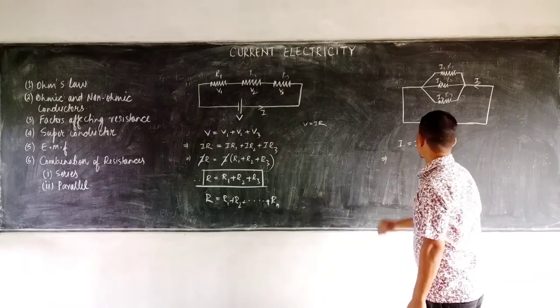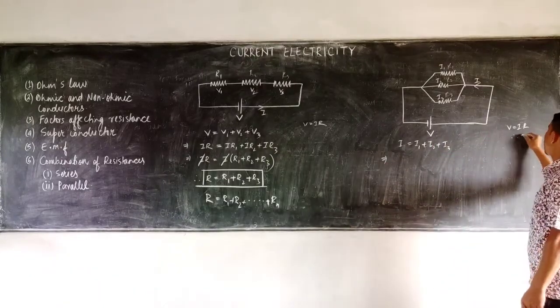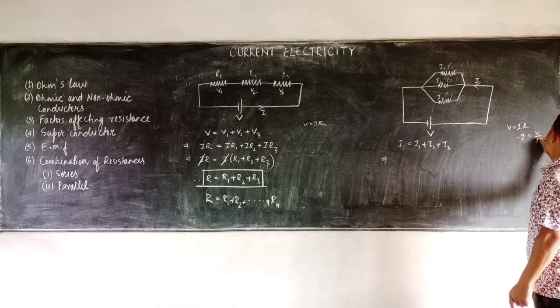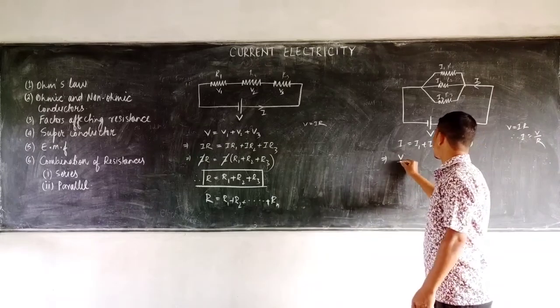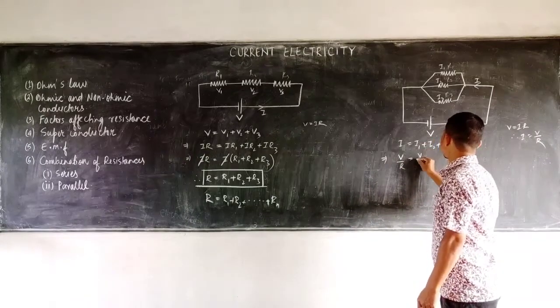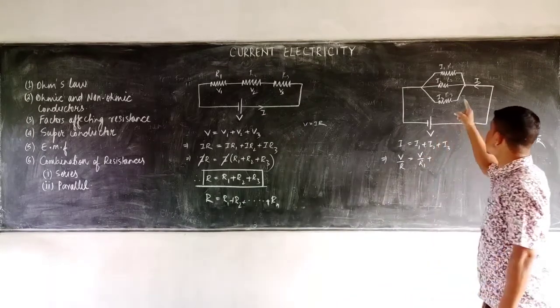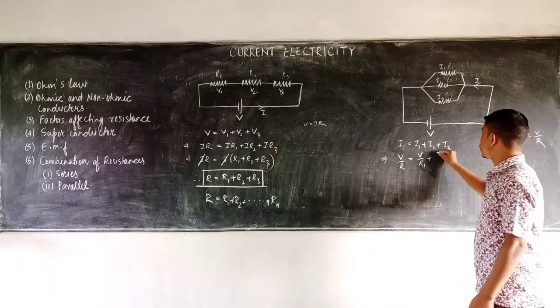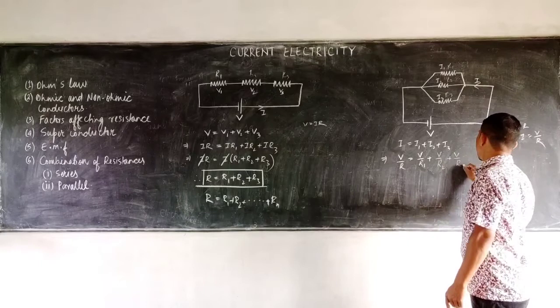Now again, from Ohm's law we have V equals I into R. Therefore, I will be equal to V divided by R. Substituting that value, I will get I equal to V divided by R1 plus V divided by R2 plus V divided by R3. Why V? Because the voltage across each of them is the same.